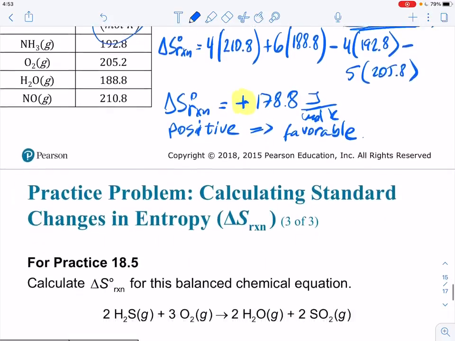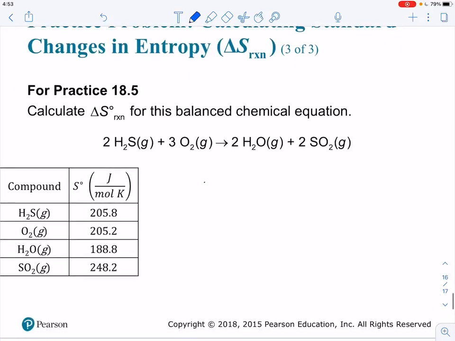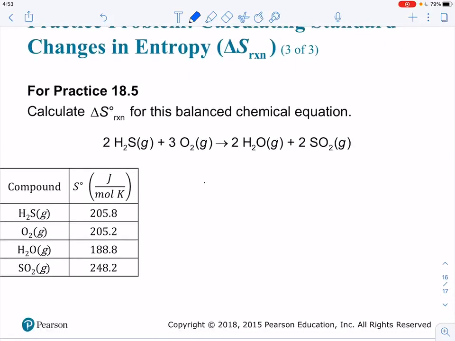Okay, let's do this again. So we have another reaction, but the process is exactly the same. It is going to be products minus reactants.